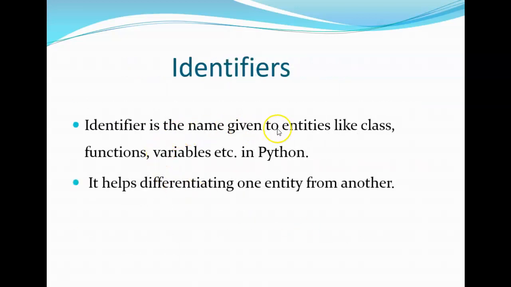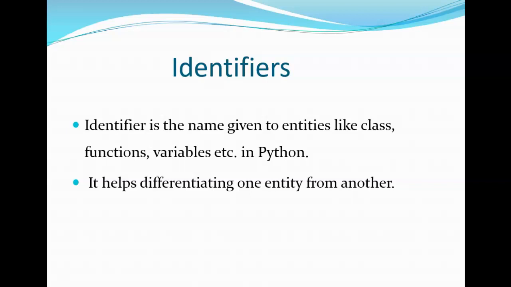An identifier is the name given to entities like class, functions, variables, etc. These are the things where the program developer has their own way of creating names, so that the program can be read and understood easily.